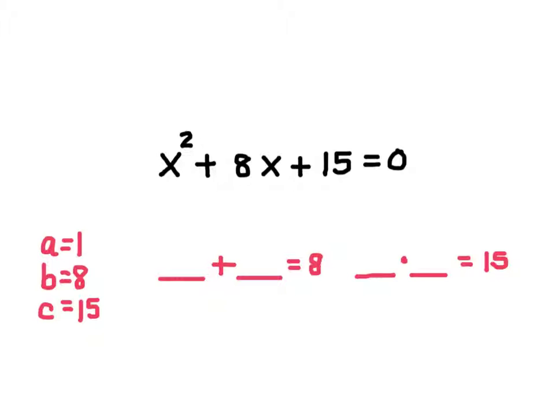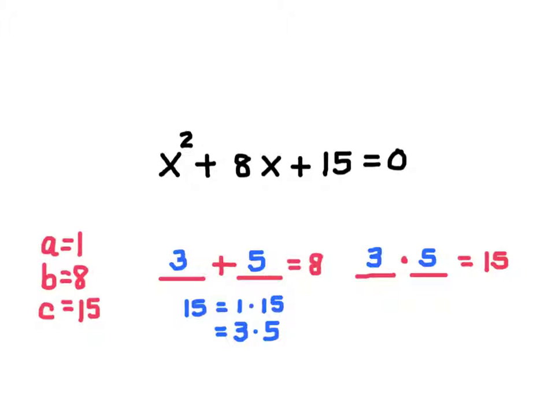We can check this by factoring 15. 15 is 1 times 15, but 1 plus 15 is 16, so that's not going to work. 2 does not go into 15, but 3 does. 15 is equal to 3 times 5, and 3 plus 5 is 8, so our m and n values are 3 and 5.